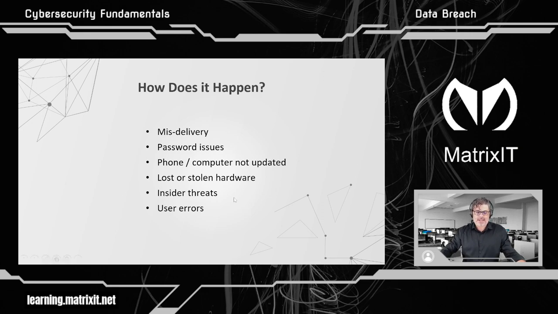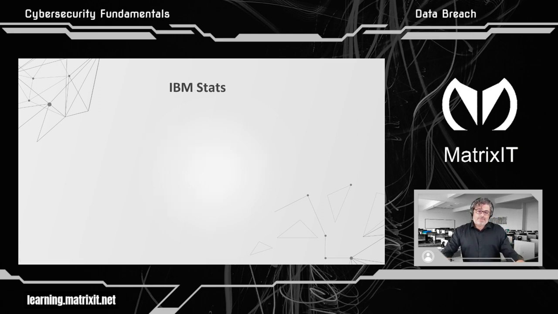So these are all examples of how data breaches happen, right? Some of it is your software issues, some are hardware issues, some are user errors. So we have to be very, very careful when we're working on our computers during the day, that we don't, for instance, have a misdelivery of confidential information.